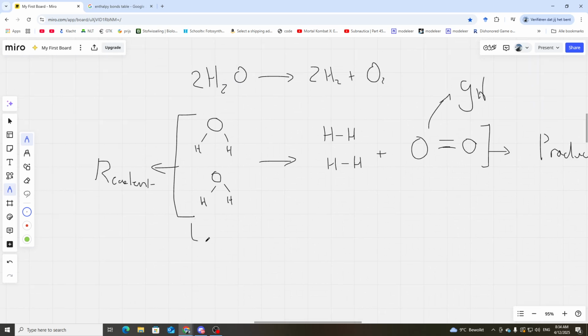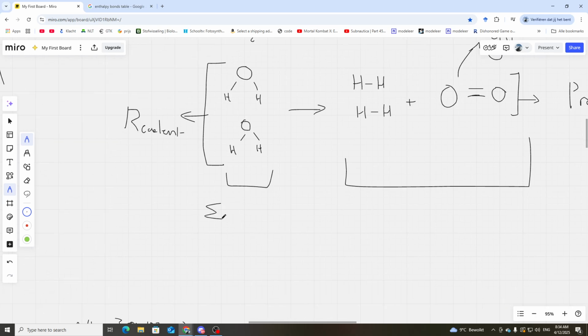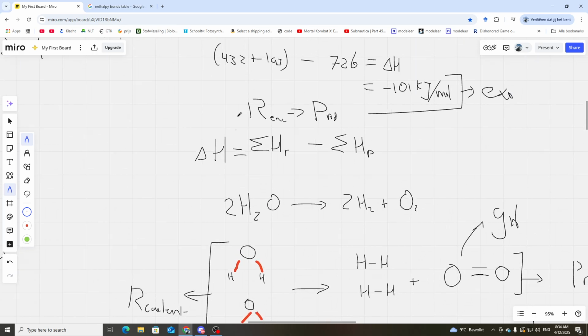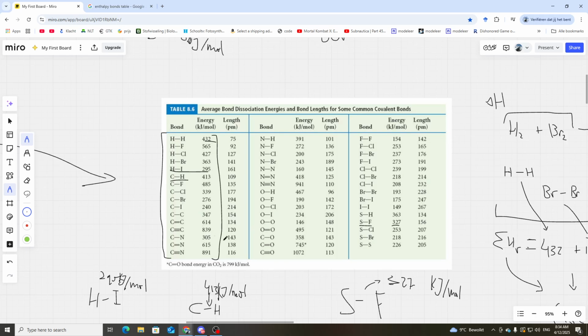And now we do the same. We need to check the total enthalpy of our reactants and the enthalpy of our products. So let's see, reactants we have. Let's count them up. 1 OH bond here, another OH bond, so that's 2, 3 OH bonds, 4 OH bonds. What is 1 OH bond worth? We look at our beautiful table.